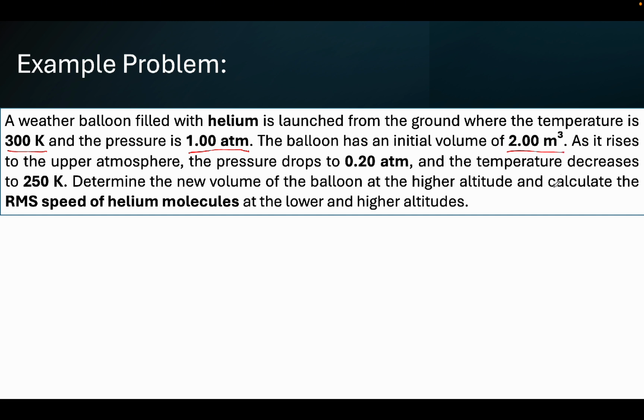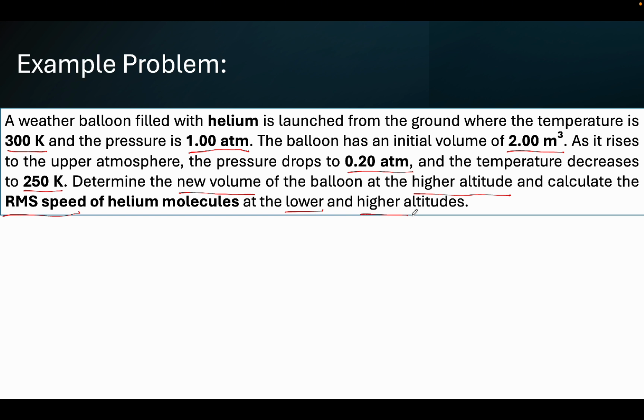As it rises to the upper atmosphere, the pressure drops to 0.20 atm and the temperature decreases to 250 Kelvin. We will solve for the new volume of the balloon at the higher altitude, and also calculate the root mean square speed of the helium molecules, both at the lower and at the higher altitudes.